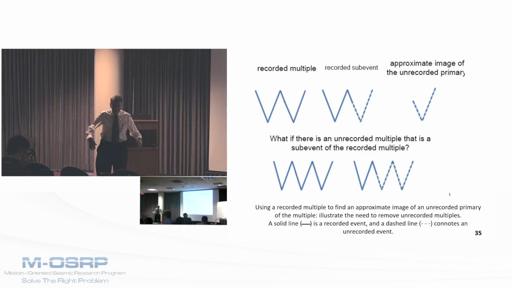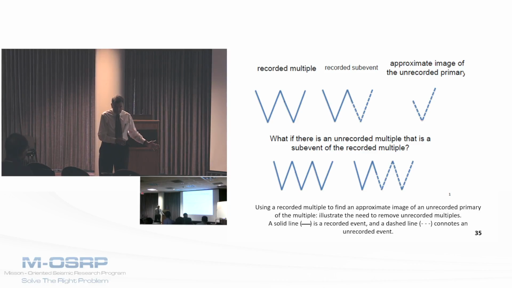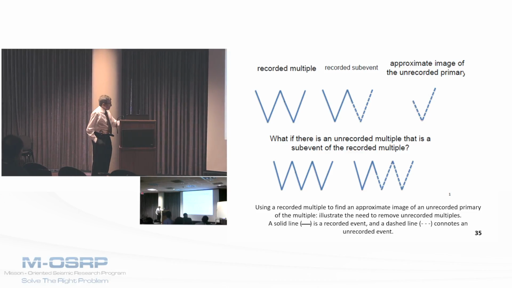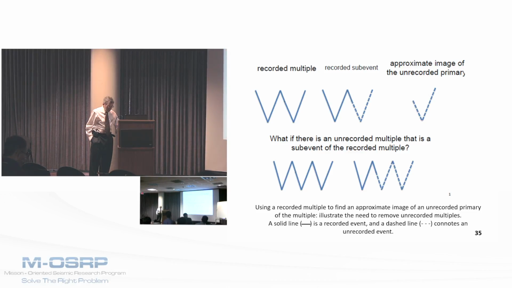Okay? That's just in the interim, as I wrote in a recent paper, in the interim, we need both, remove and use. In the longer term, I think the use will diminish because it's a limited data issue, yes? Okay, so that's a story about why we need to remove multiples.